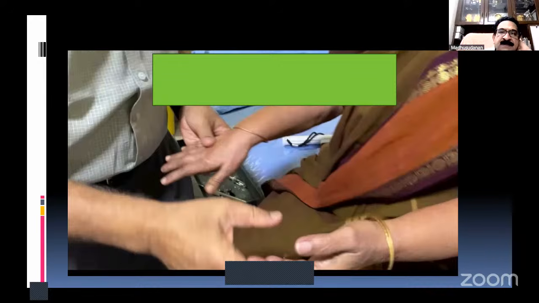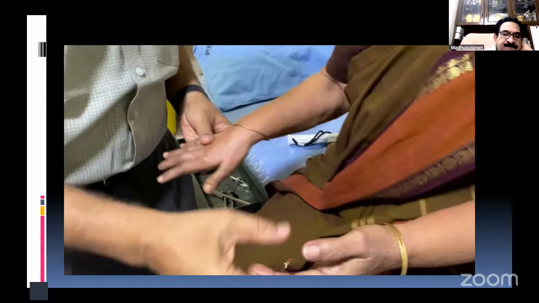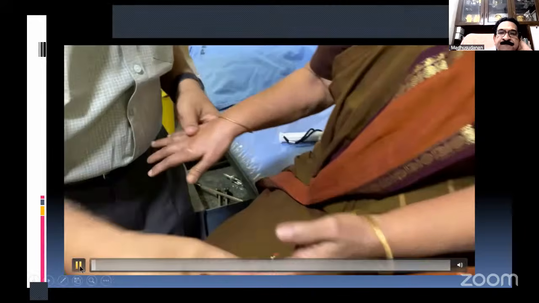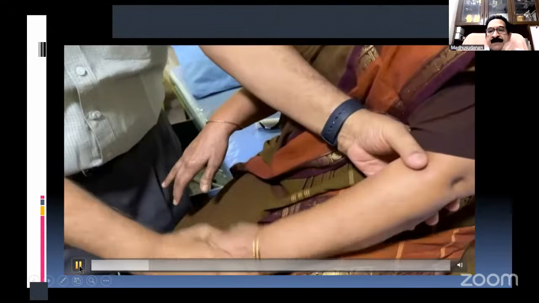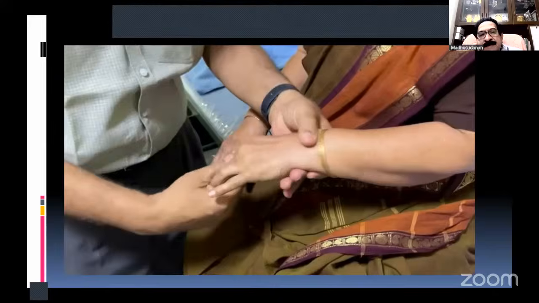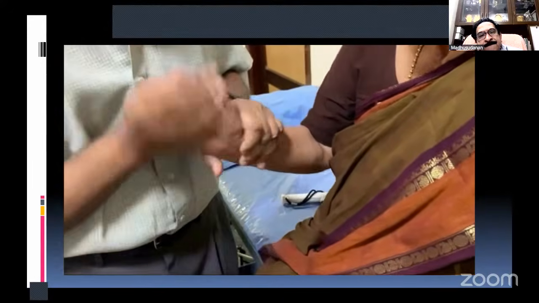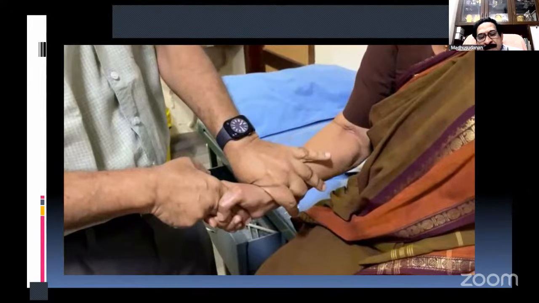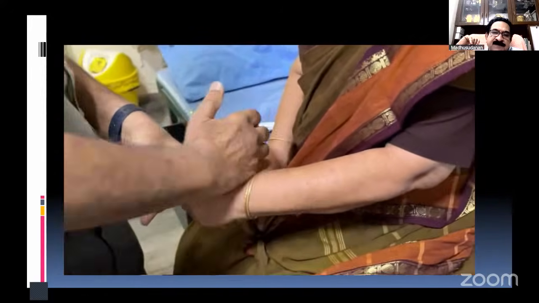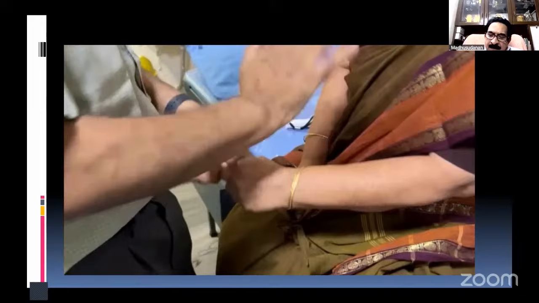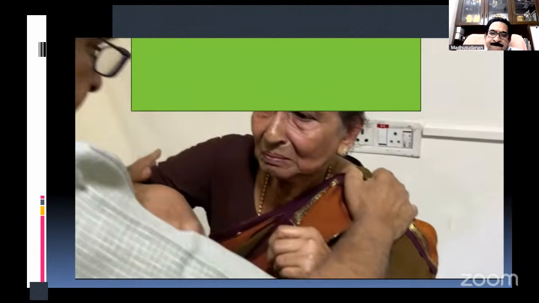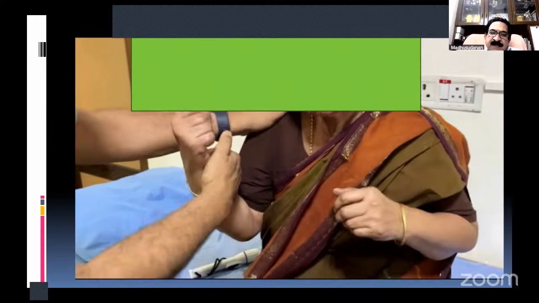Okay. Then we started examining further. Tone was normal in upper and lower limb. Muscle power was normal at first. Then examining the proximal muscles, she had weakness of both deltoids, that is weak bilaterally.